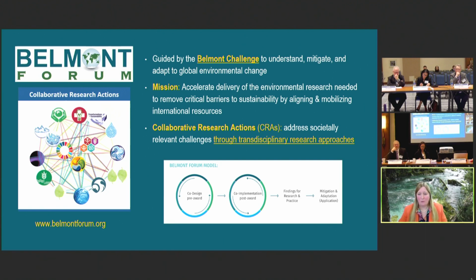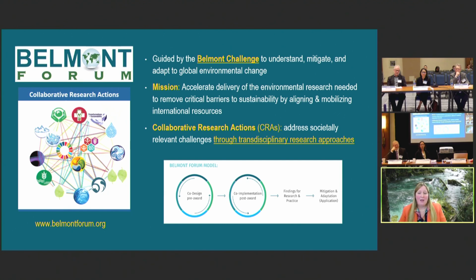And as I said before in the first slide, this is a collaborative research action. And for us, that is typically a call for proposals. And we address societally relevant challenges mostly through what we would call transdisciplinary research approaches. And for us, that means that all of our research consortia must contain natural scientists, social scientists, and stakeholders.